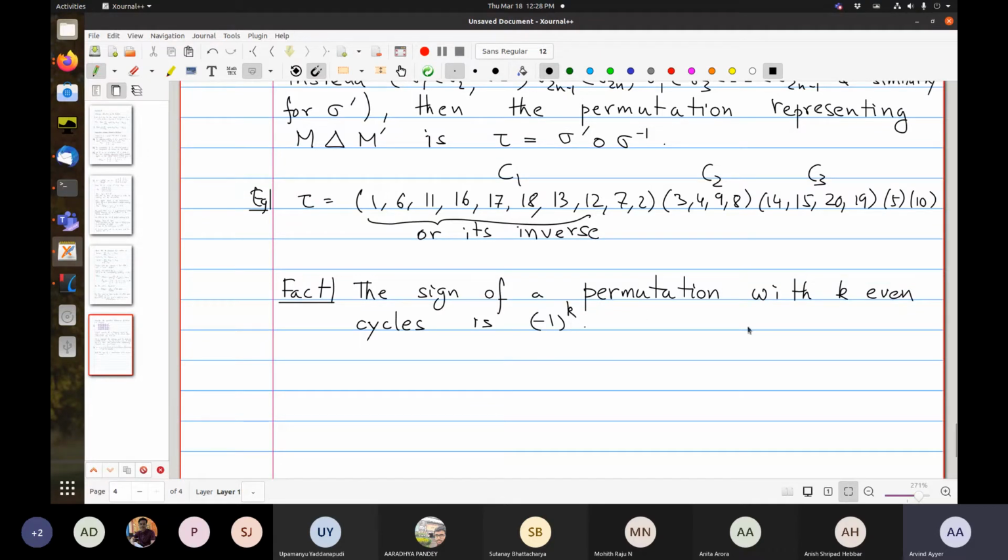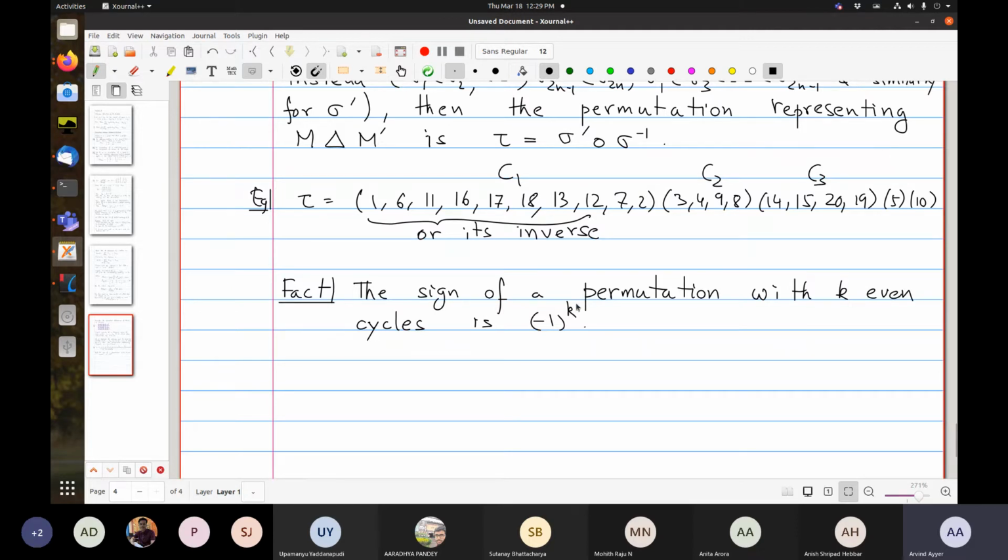So if you write the cycle decomposition for a permutation and see how many cycles have even length, if k of them have even length, then the sign of the permutation is (-1)^k. It doesn't depend on what the things inside are or in which order they are. It doesn't care about any of those.